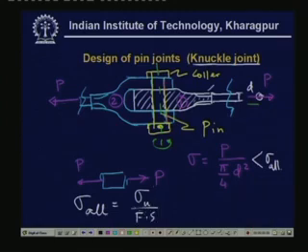If the factor of safety is more, then of course sigma allowable is less, and for a given P, we will have to increase the value of d. So if you take a large factor of safety, the dimension becomes larger. With increasing dimensions, other factors come into play: the weight of the joint may be high, or the material cost incurred may be more.